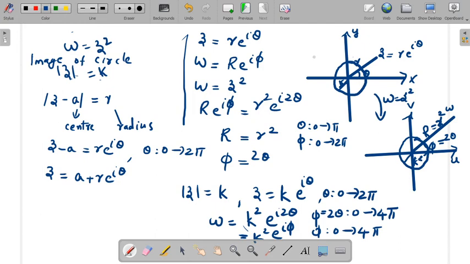Okay, and as z traces the full circle, w equal to z square, that map will trace this circle whose radius is k square twice.